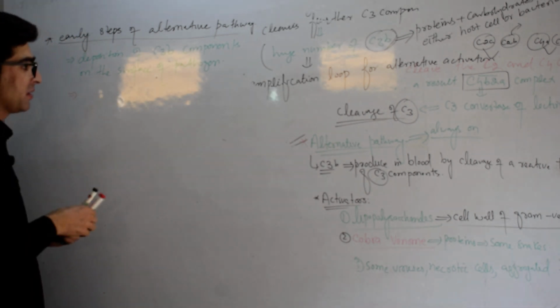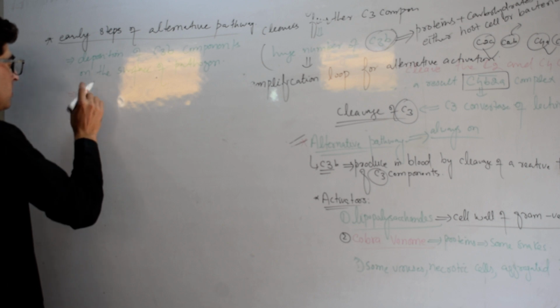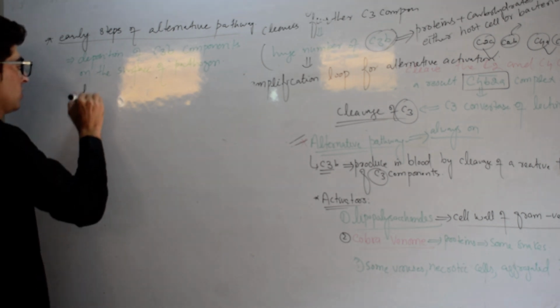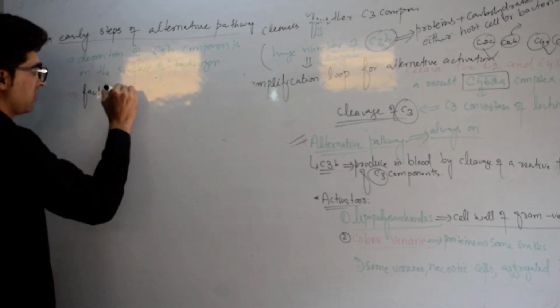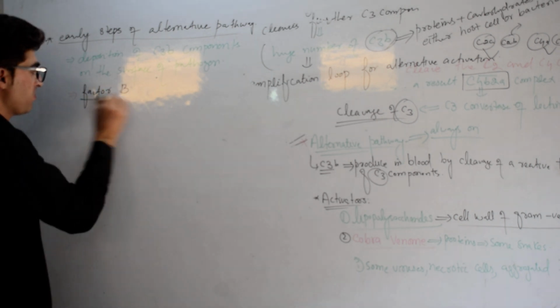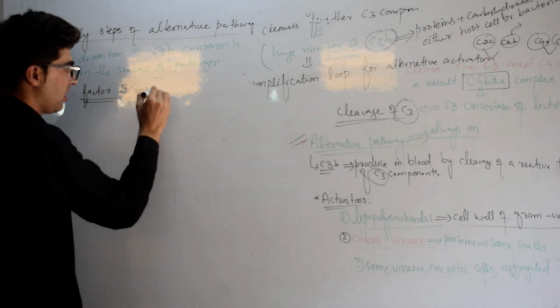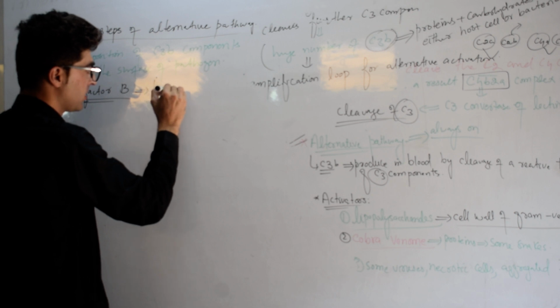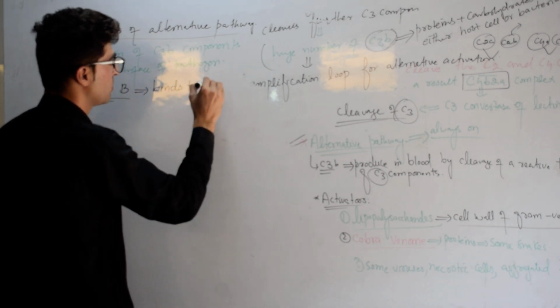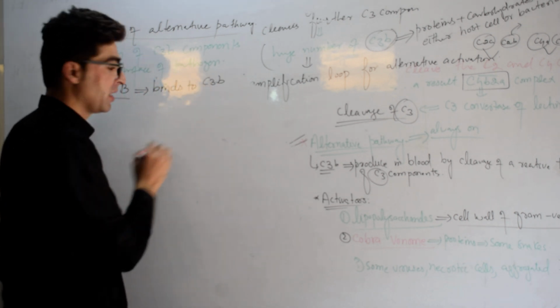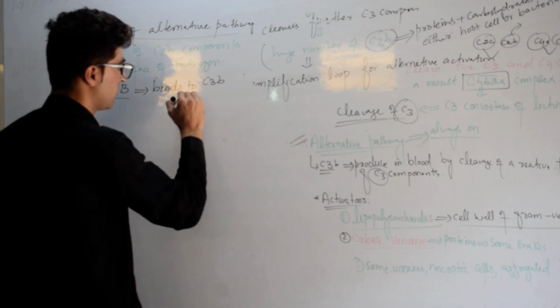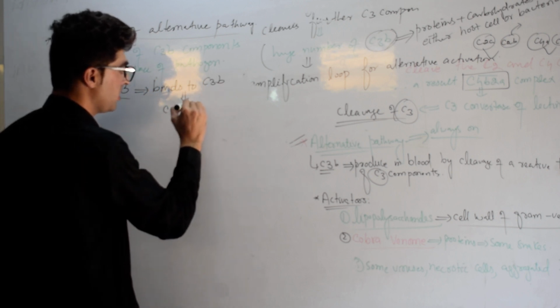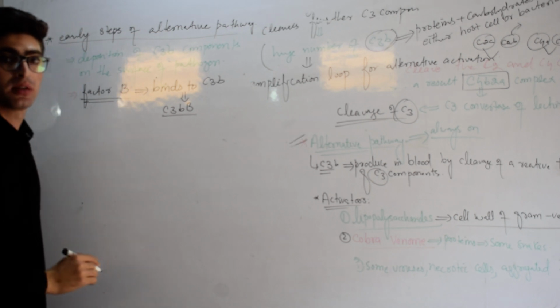Now there is another factor in blood serum called factor B. This factor B also binds to C3b, and as a result the C3bB complex is formed. Clear?